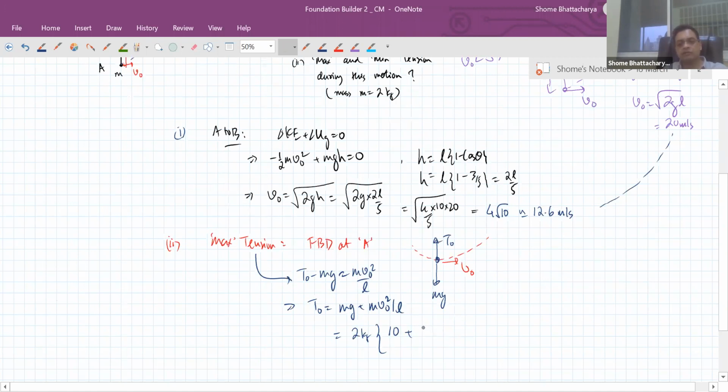So v naught square, we just write as 160 divided by L, which is 20, as we are just putting v naught as root 160, which we got here. Okay. So 18 into 2, 36 newtons, correct, is the value of the maximum tension.